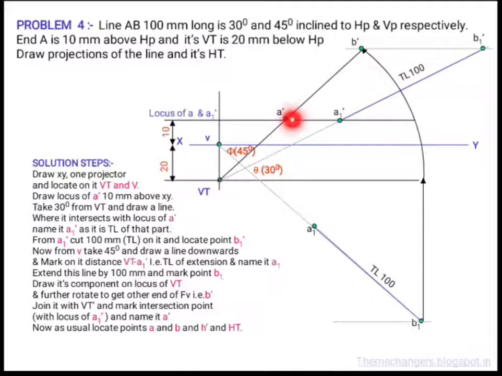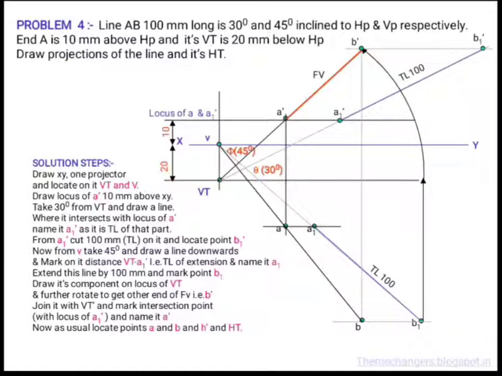A dash, B dash and VT will be on the same straight line, as we studied. Now B dash and B will be on the same vertical projector, so this will be the point B on the locus line of B. Now I can join V to B, which will represent the plan of the line. A dash and A will be on the same vertical projector, so I can mark A like this.